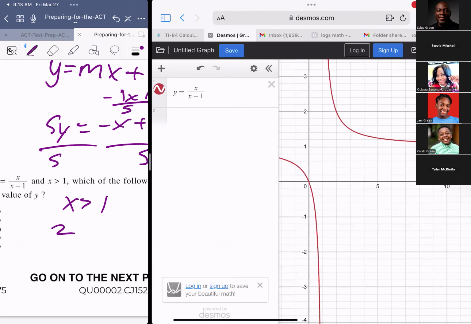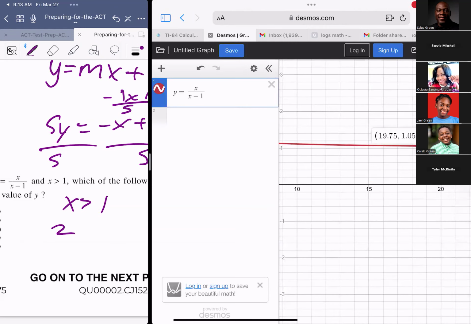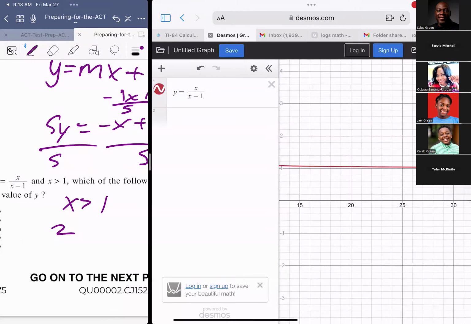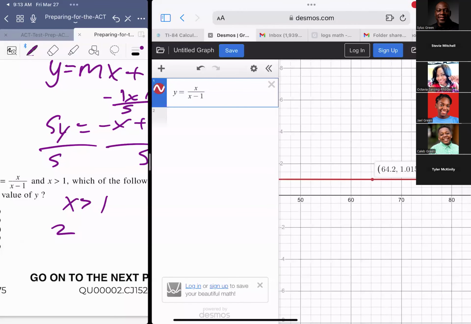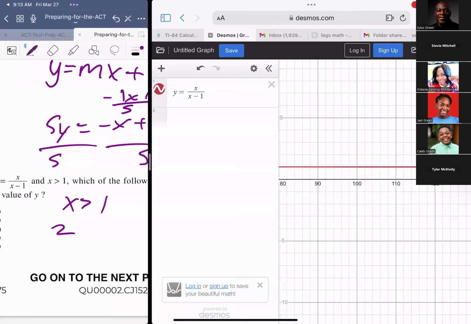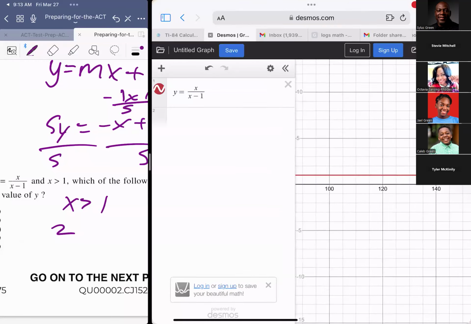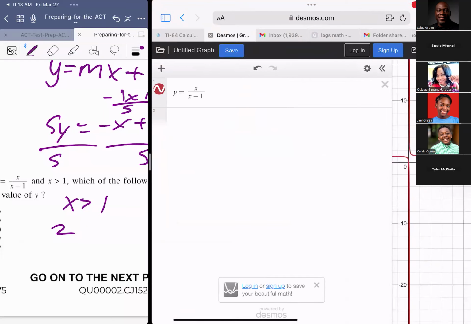So this is 1 right here. That's where we're looking at. It's never going to reach 1. As close as you get, it will never reach 1. It's just going to be always a little bit greater than 1.